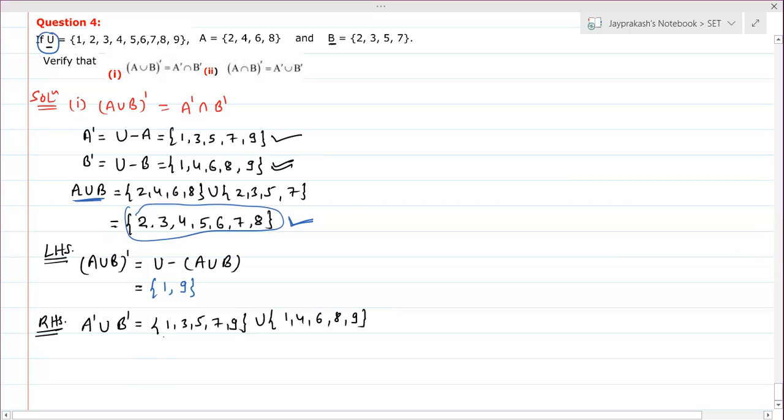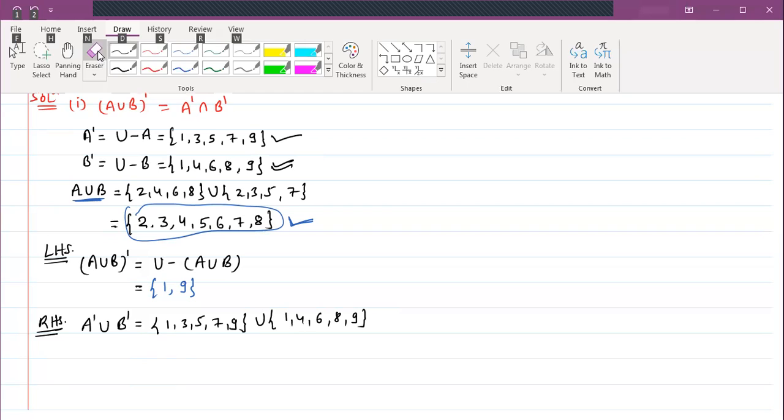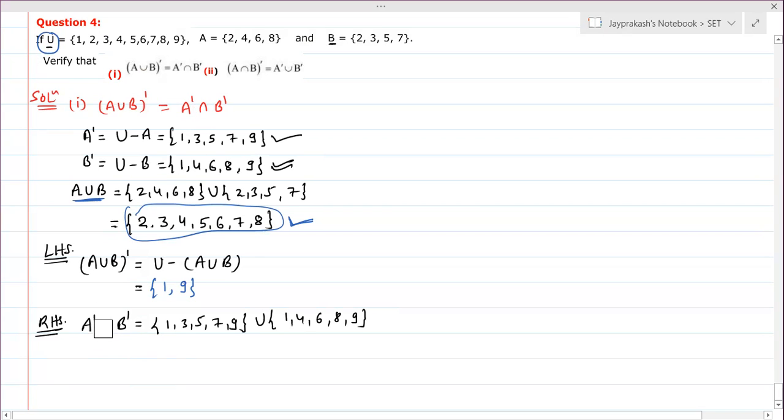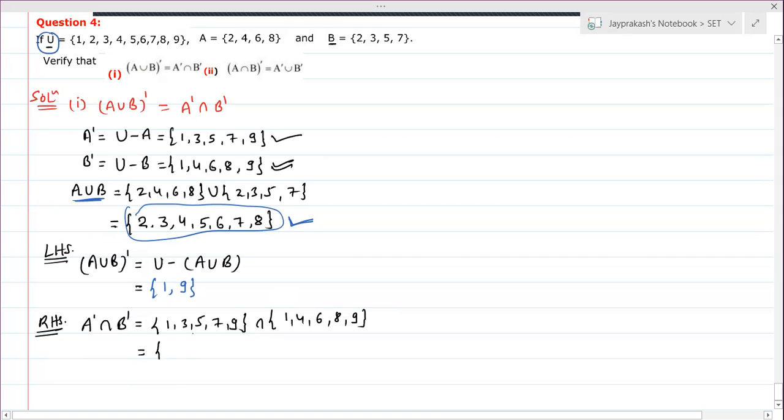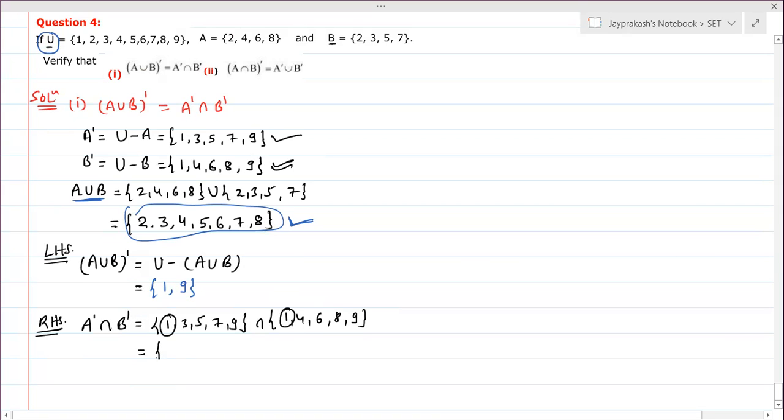Sorry, it is not a union. There is an intersection, no? This is the intersection. So we need to find the intersection. Intersection means the elements which are common inside both sets. You can see here 1 is common, so we will write 1 here.